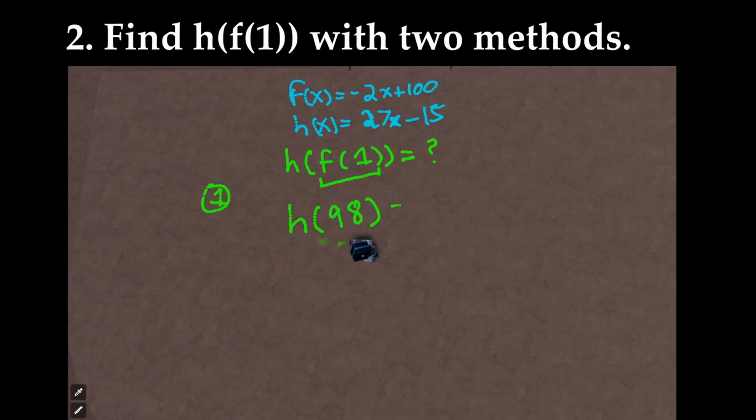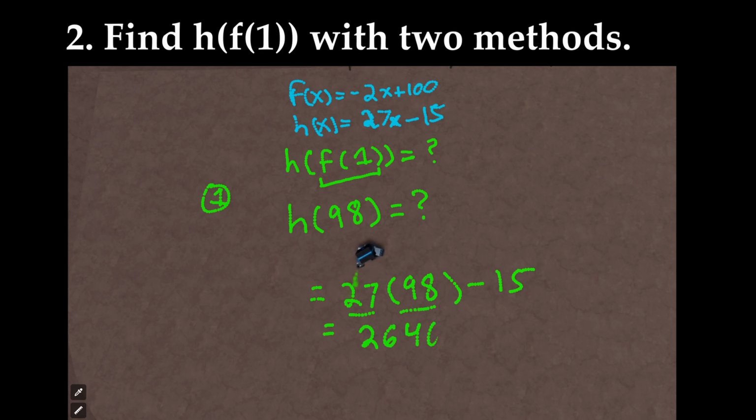And then we just need to find what that is. Well, that's also a very simple task. Just plug in 98 into h of x. So this is just equal to 27 times 98, because we're plugging in 98 for x, minus 15. And then take out a calculator because I can't do 27 times 98 in my head. But if you do that, I think you get that 27 times 98 is equal to 2,646.